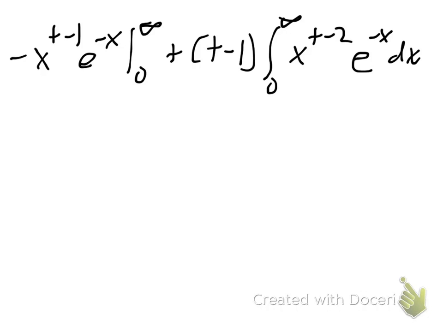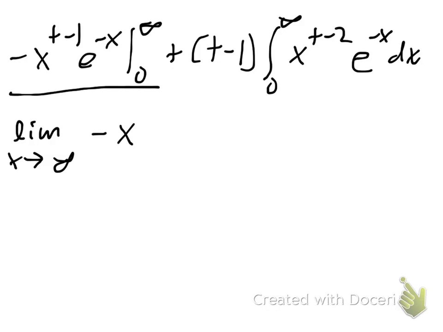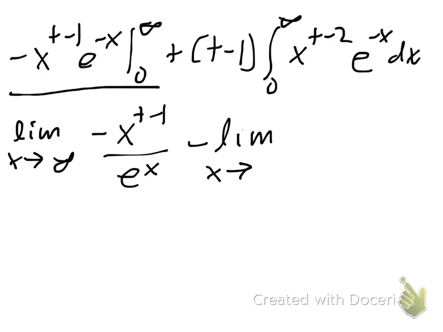So I want to look first just at this first term. Evaluating it, we get the limit as x goes to infinity of minus x to the t minus 1 over e to the x, minus the limit as x goes to 0 of minus x to the t minus 1 times e to the minus x.